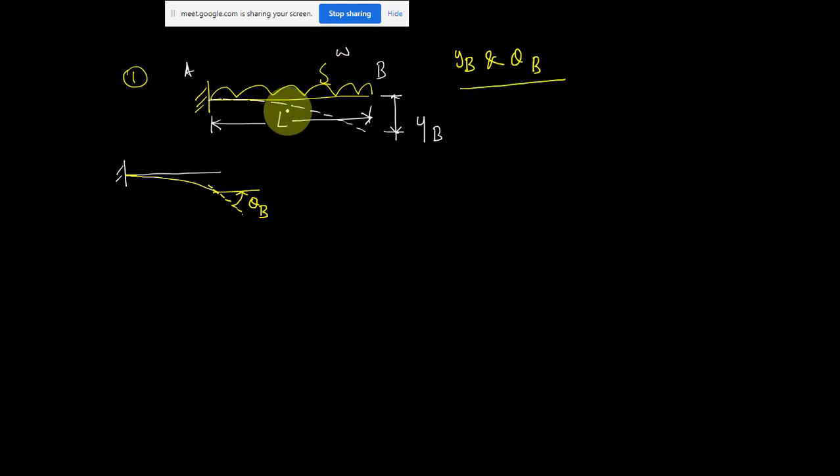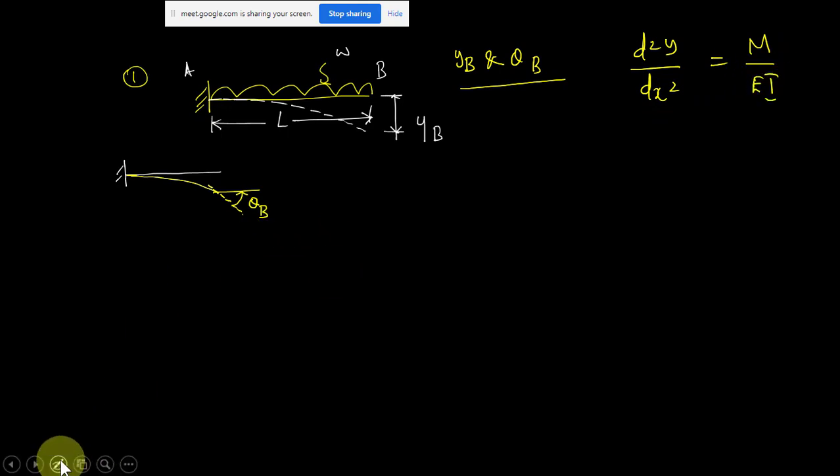So the procedure is, you know the starting equation: d square y by dx square is equal to M by EI. This is your differential equation. In this case you don't need to worry about the moment, you can easily write the moment equation Mx.